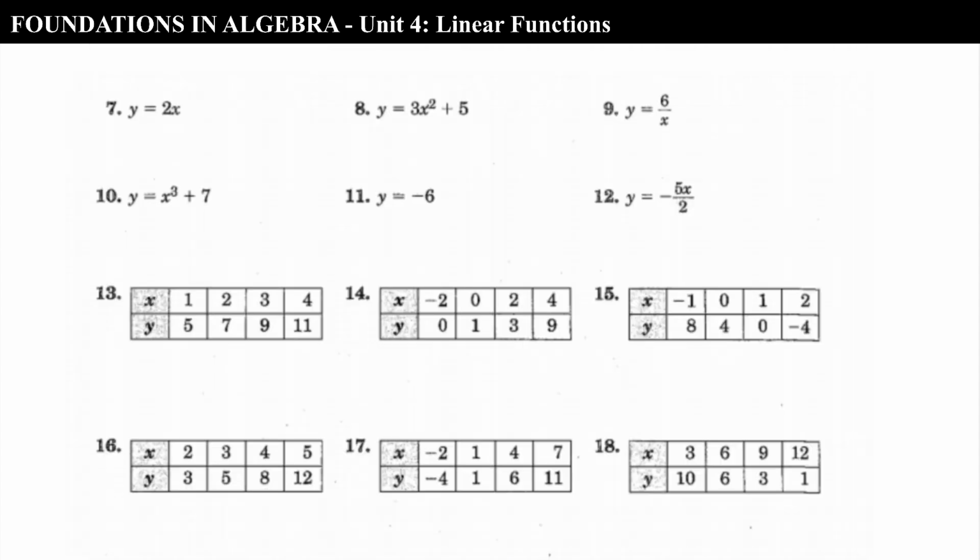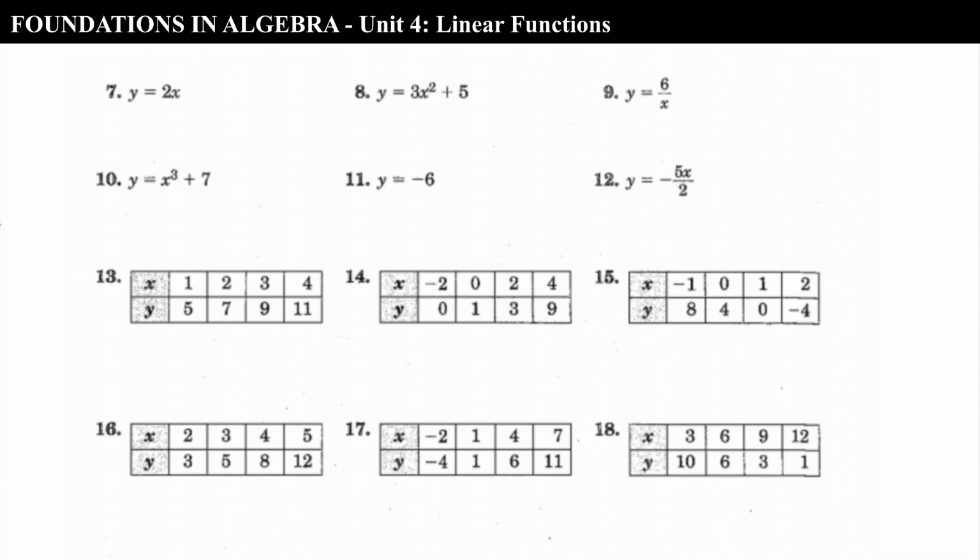Let's check out some of these equations. So this one, the highest power is 1. So we have linear. And this one, the highest power is 2, so this one's nonlinear. Now here we have the highest power of x is 1, but x is in the denominator.